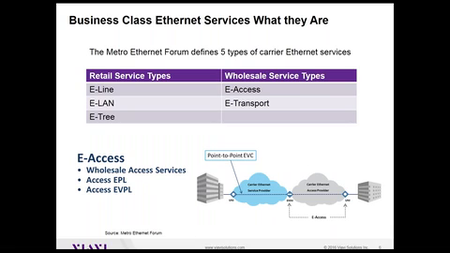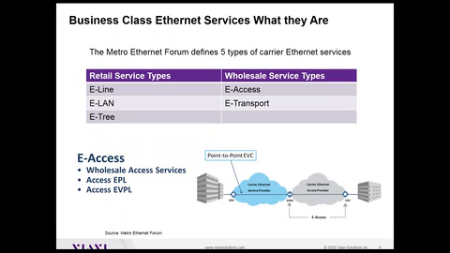On a wholesale service type, the carrier Ethernet service provider on the left is the one that owns the relationship with the business customer, but they are going to contract out to another Ethernet service provider who is going to handle the access.